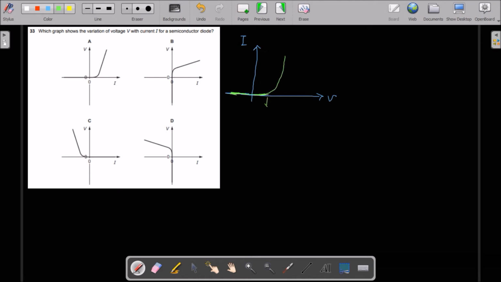This voltage is called the threshold voltage. This is the IV graph for a semiconductor diode. Now, in this question, they give you the VI graph. So the VI graph, according to the IV graph, will be B. So B will be the right answer for the VI graph of a semiconductor diode. So B is right.